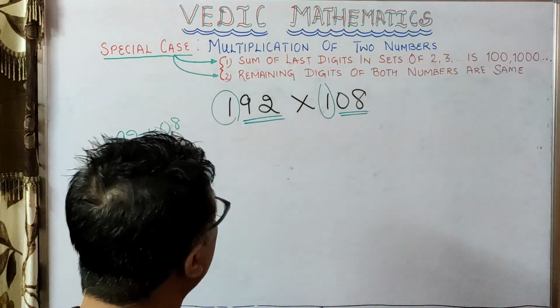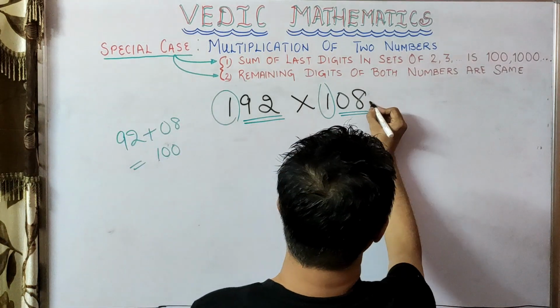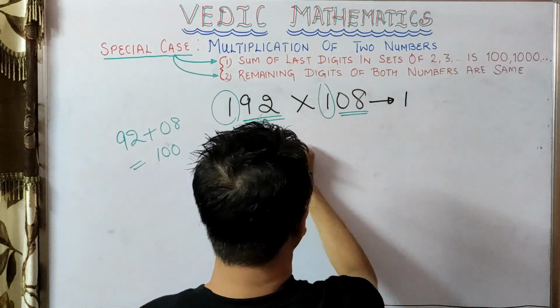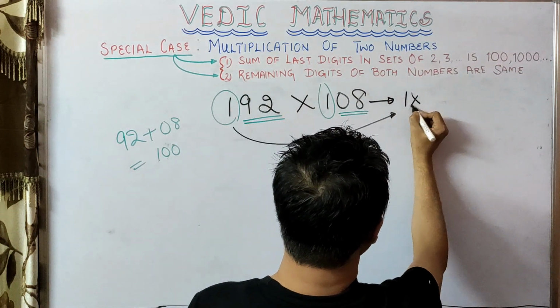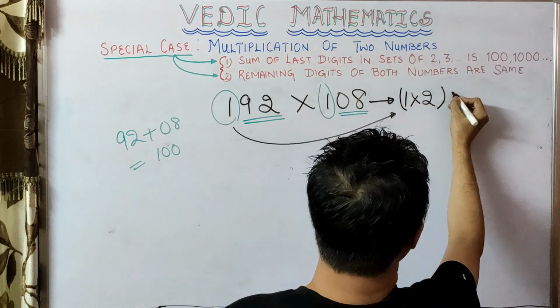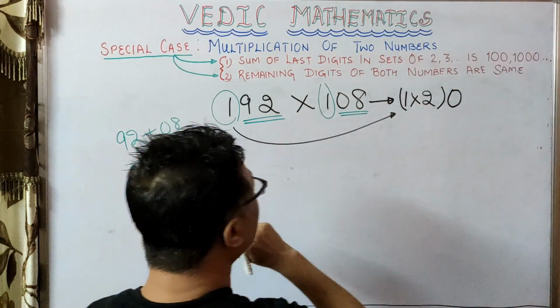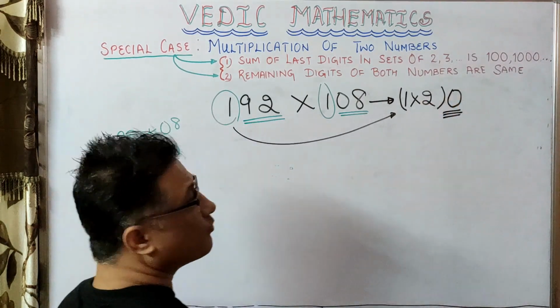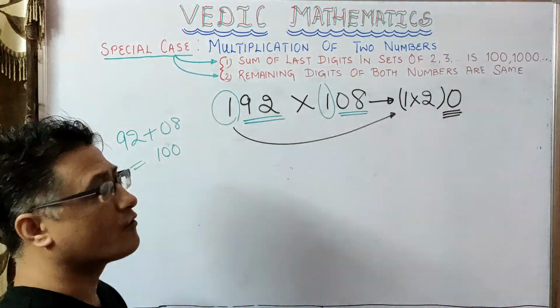So how do we calculate this? To calculate this, similarly, this 1 is multiplied by the next number, but remember here you will have to add an extra 0. This is a very important step. If you don't do this, your answer won't be correct.